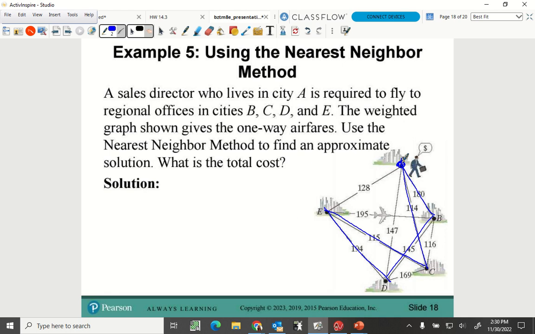So for my solution, we said was A, C, E, D, B, and back to A. And what was the cost? 114, 115, then 194. Yeah, start adding them.